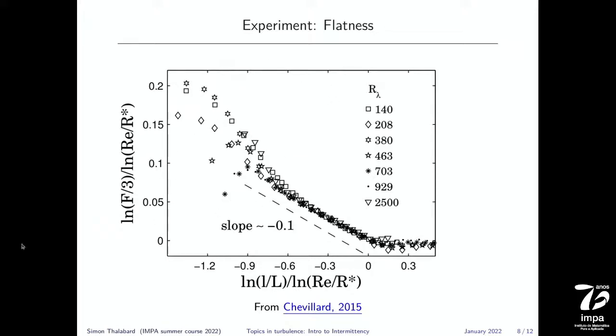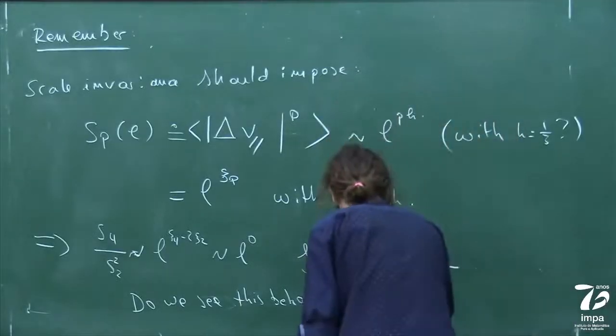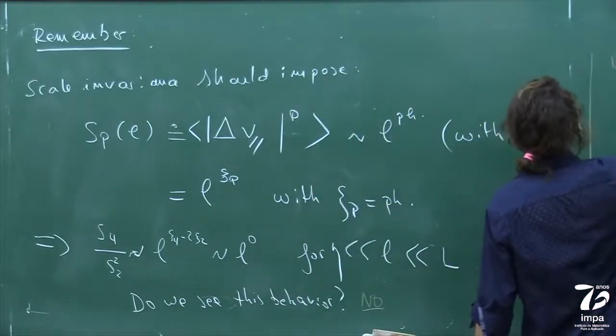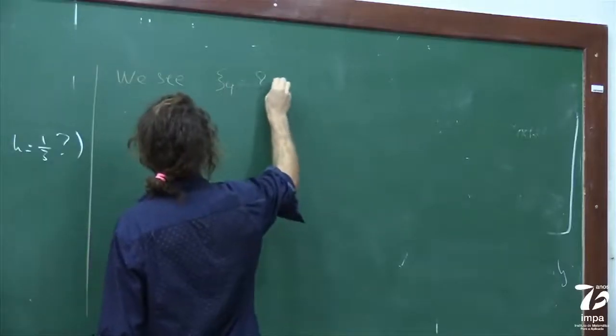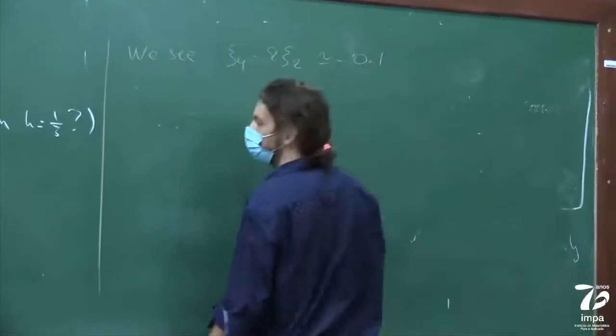So the inertial range, where we expect Kolmogorov scaling to hold, is exactly this range here. And what we see, and it's pretty clear, is that we do not see the K41 scaling, and we see psi 4 minus 2 psi 2 for C equal to 0.1.